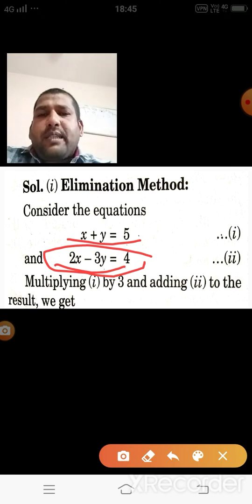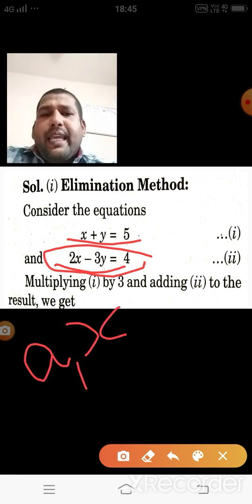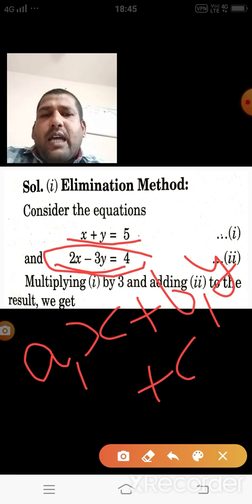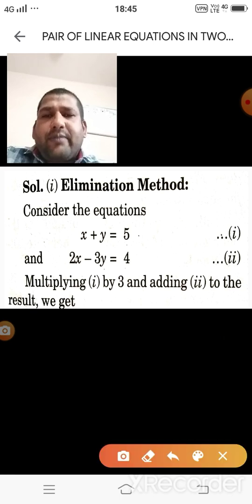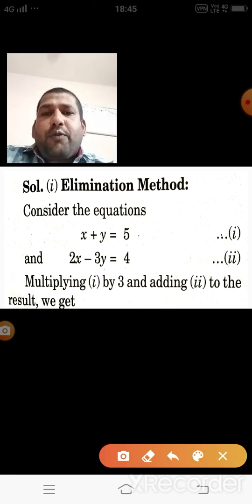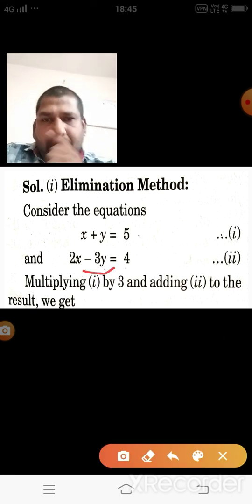Always you have to remember this, the linear equation is always in the form ax plus by plus c equal to 0. Means all the terms are positive, and if you are getting any negative value in this, it means the coefficient is negative. Then here the coefficient we are getting is minus 3.